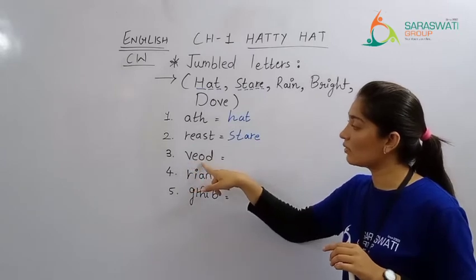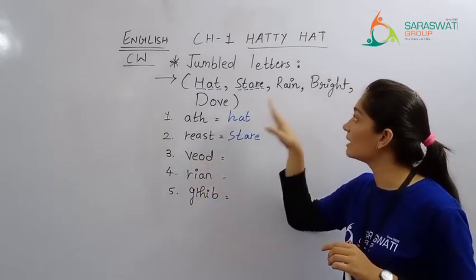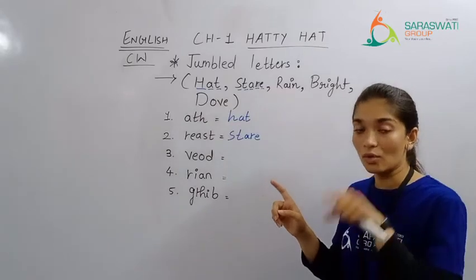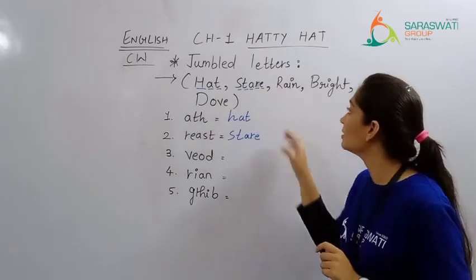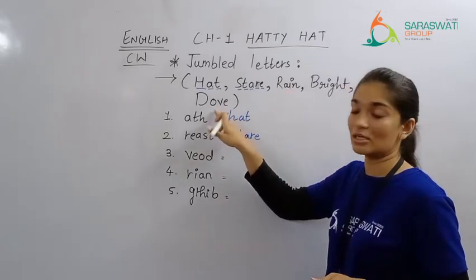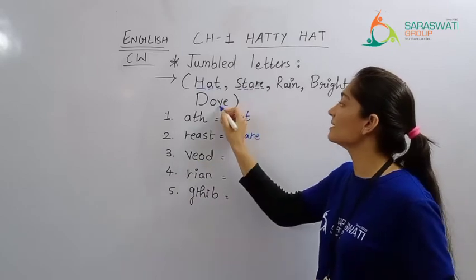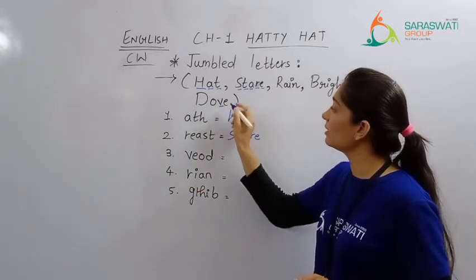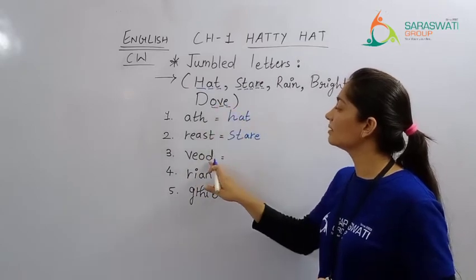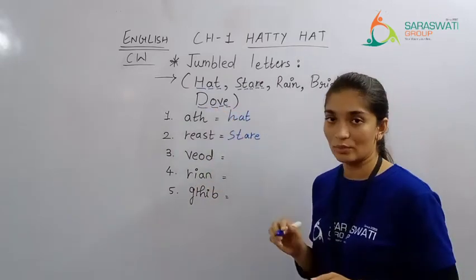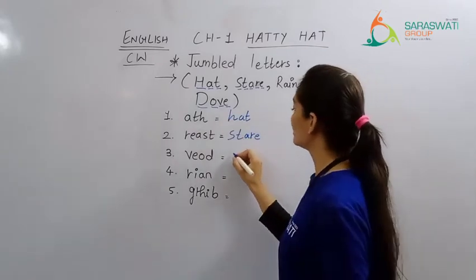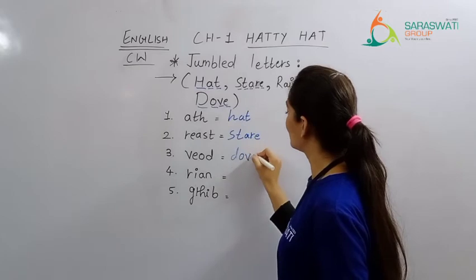V, E, O, D. તો આમાં જેટલા letters હોય એટલા letters આ બે words માં થી એકમાં હોવા જોઈએ, right? તો એ તમારો answer સાચો થાય. So here we do not have V, so let's consider this one. આપણે consider કરશું V. Yes, we have V. E, yes. O, yes. D, yes. We have all the 4 letters in this word, right? So what is the word? It's dove.